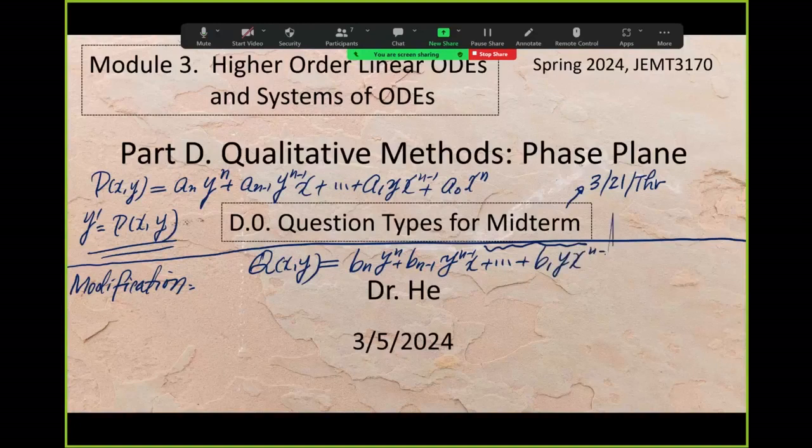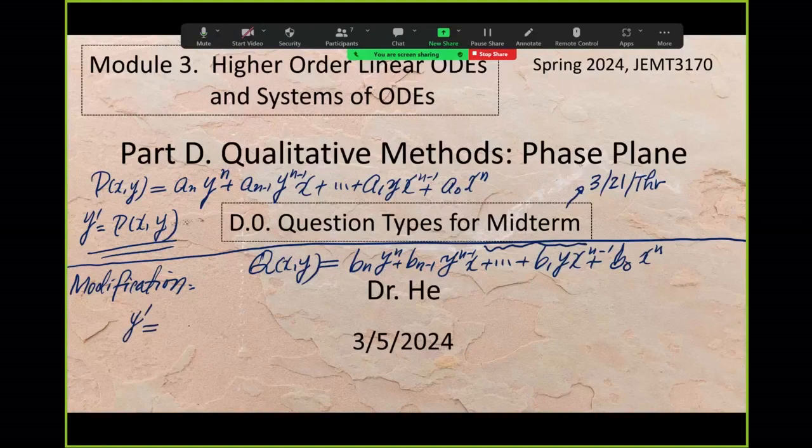Same format, but we change the coefficients from the A array to the B array. How about that?